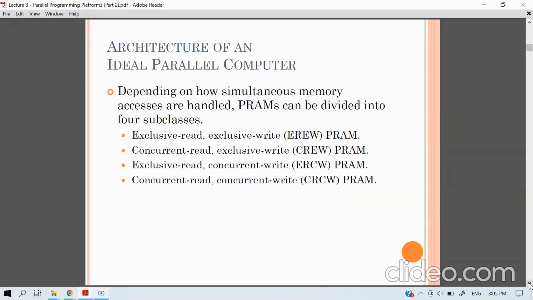Alright, so the PRAM can be divided into four subclasses: 1. exclusive read, exclusive write, also known as EREW; 2. concurrent read and exclusive write, CREW; 3. exclusive read, concurrent write, ERCW; and 4. concurrent read and concurrent write, CRCW.